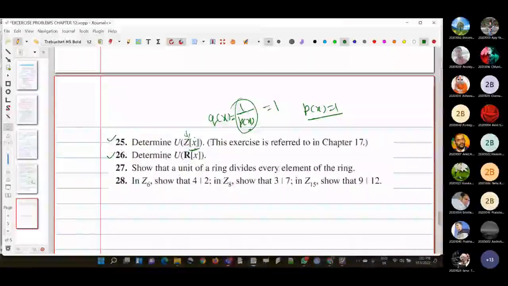And in a similar case, determine it with real coefficients. Here we have polynomials with integer coefficients. In this case, all those polynomials and functions f(x) and g(x) will be such that their coefficients will be real coefficients. So this should be like this.